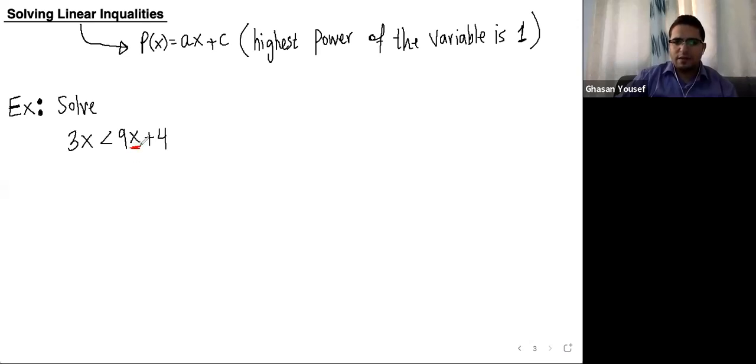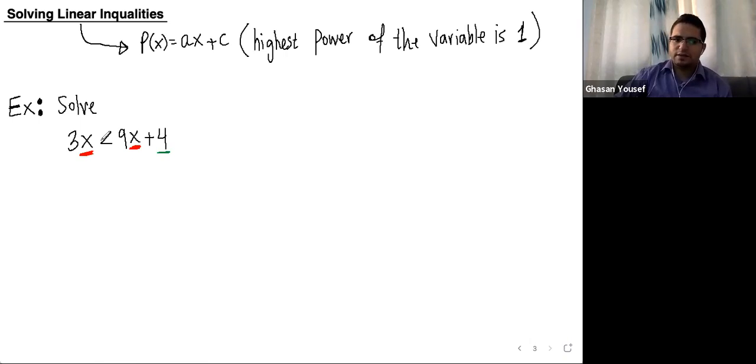Here we have variable x, and this is a number, 4. So minus 3x and minus 4.